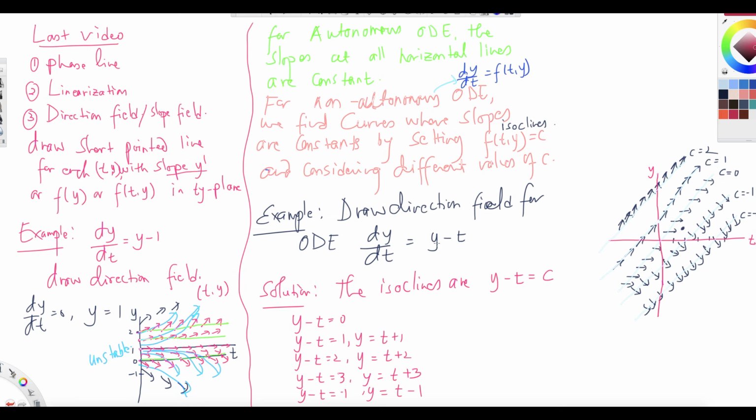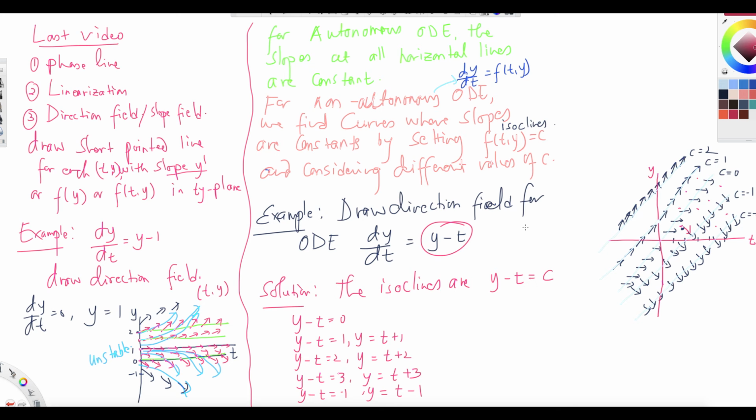How much is that? Negative 1. So I think (2, 1) lies here. So you just plug the coordinates of the points you want into the right side of the equation, find the slope, and draw a little short pointed line with that slope. That's what we do.